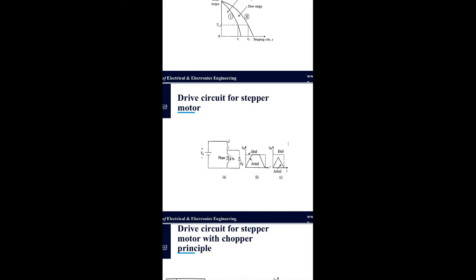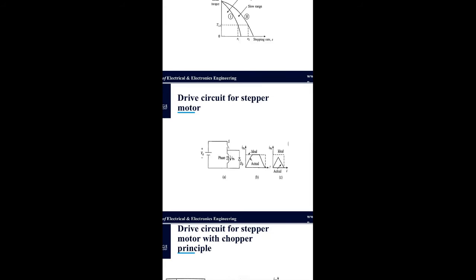The phase current builds up at the rate decided by the phase winding's electrical time constant. Here the phase winding is represented in the figure. The phase current will build up in the time which is decided by the electrical time constant.